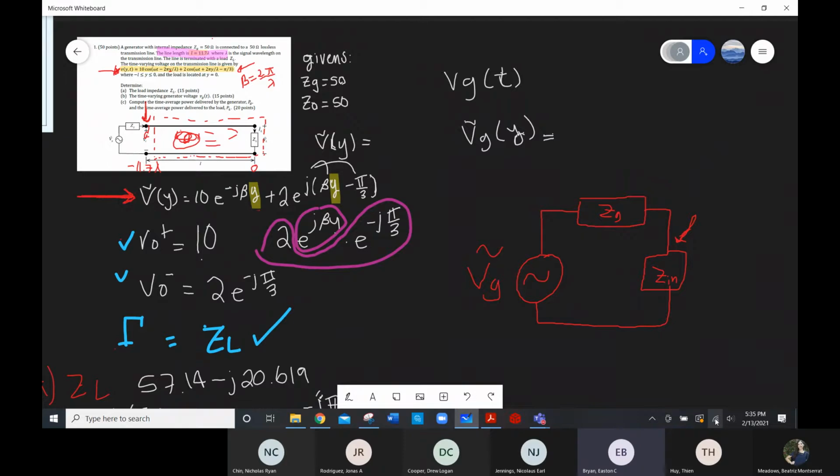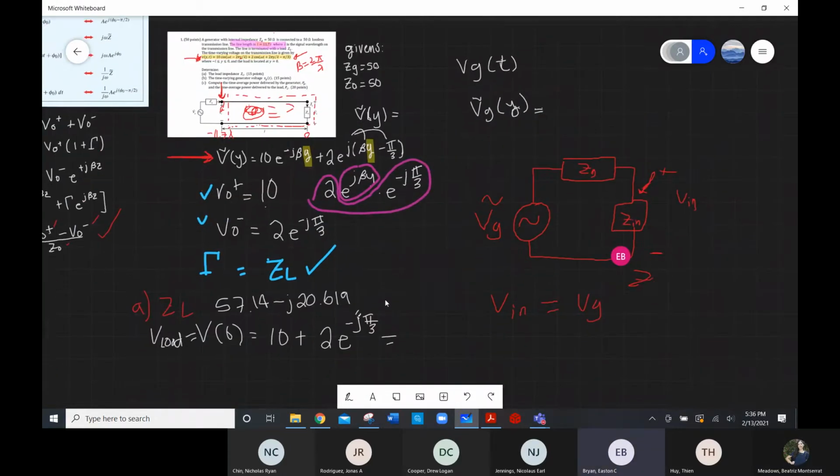If you're looking for VG, you can find Vn, which is the voltage along here, with the voltage divider.